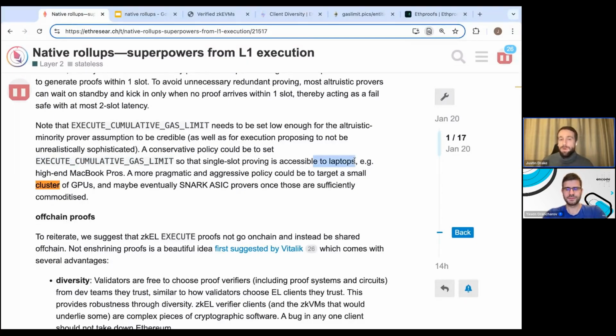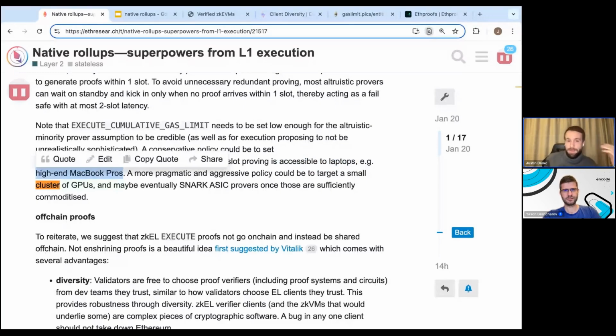And the reason why we want accessibility here is in the case that the execution proposers don't do the proving, there needs to be some sort of a fallback mechanism that is much more accessible to anyone. So one possible answer is just to target laptops, for example, high-end MacBook Pros.